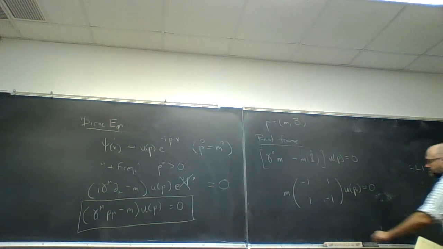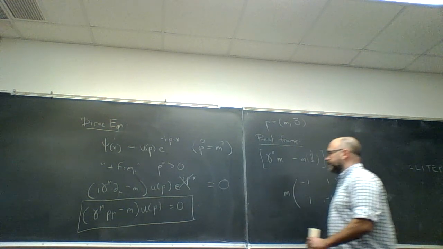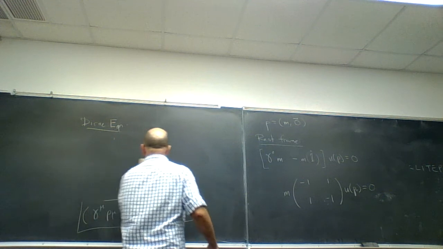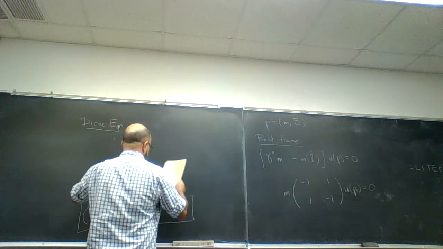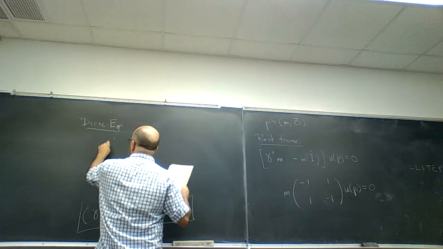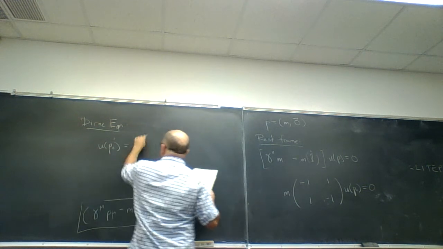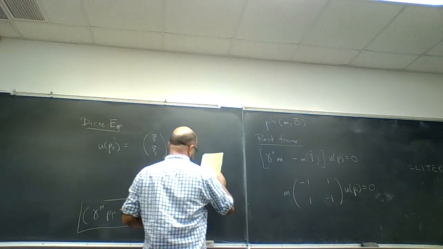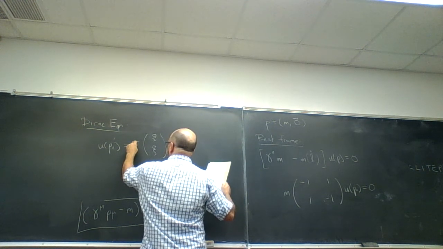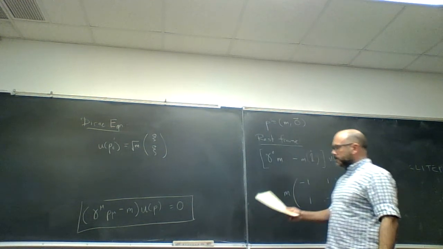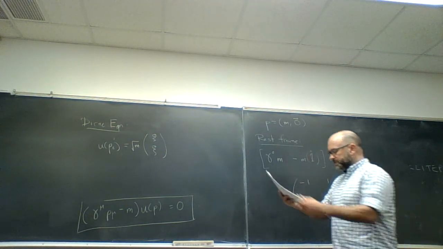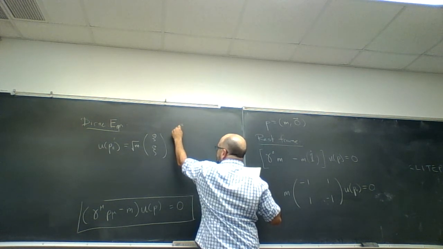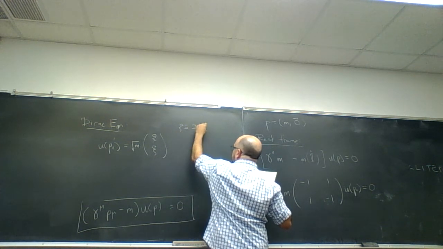And you can show that the spinor that satisfies this equation can be written as u of p equals square root of m times (xi, xi), where these xi are 2 component spinors.